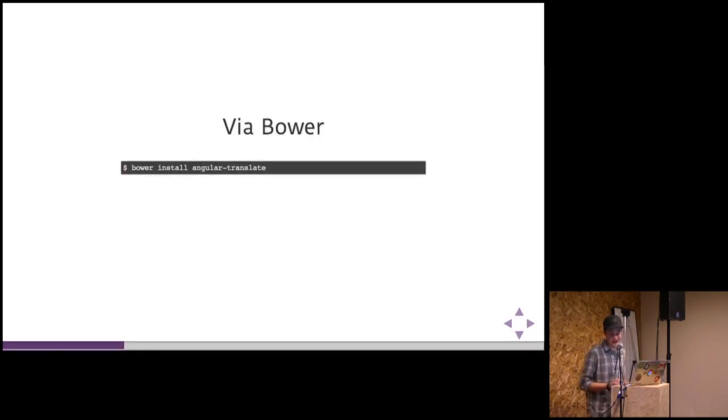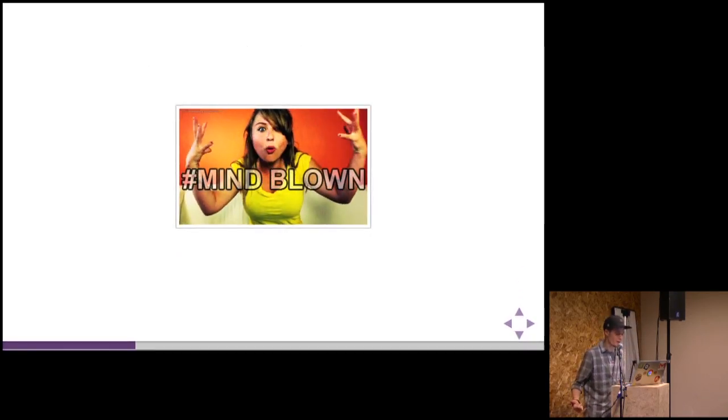The second way is to use Bower, and that's all you have to do. You just go to your terminal, which is this black box, and type in bower install angular-translate, and that's it. Really, that's just it. And I think this is pretty much mind-blowing.